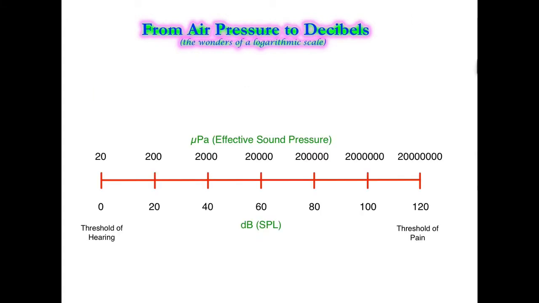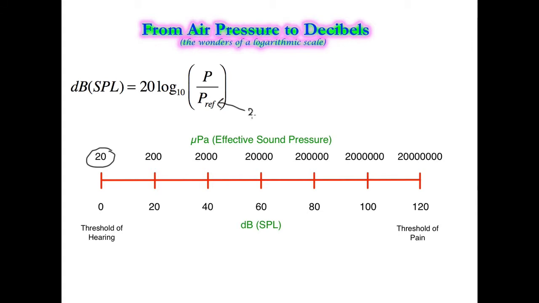So the actual formula is this. And in it, you'll see this pressure reference level, which is, in this case, 20 micropascals, millionths of a pascal. All pressure levels that we're measuring are measured relative to that base reference level, which is the threshold of hearing.